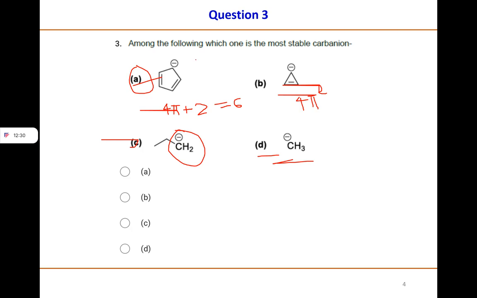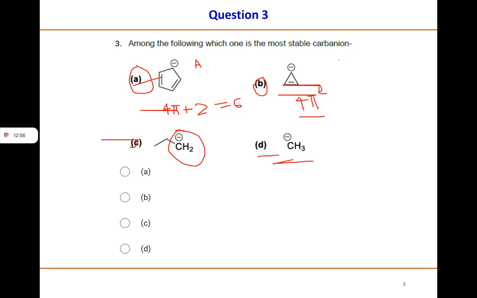So here the aromatic factor is important. And B is anti-aromatic. If you know the aromatic rule, 4n pi electrons give an anti-aromatic compound, and 4n plus 2 electrons give an aromatic compound. So this is an anti-aromatic compound.